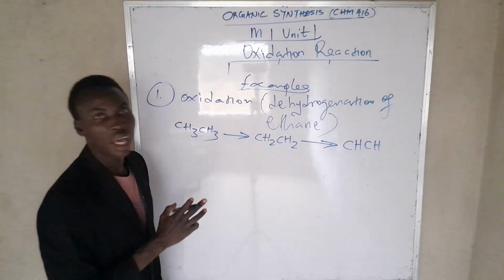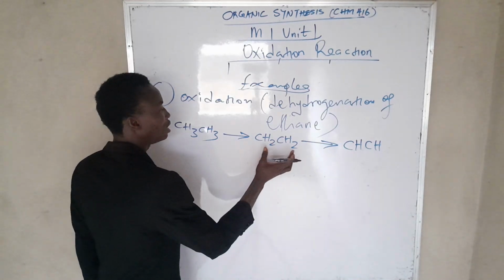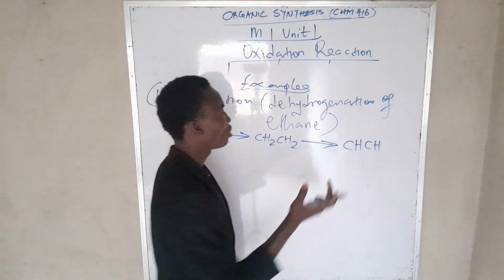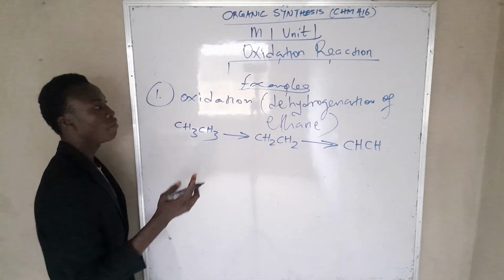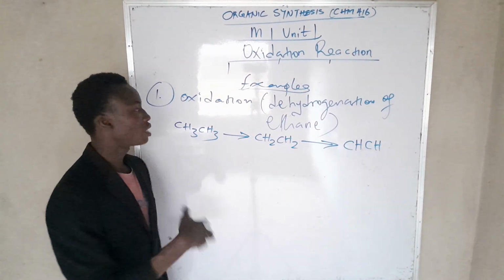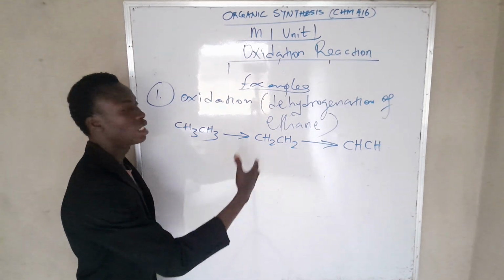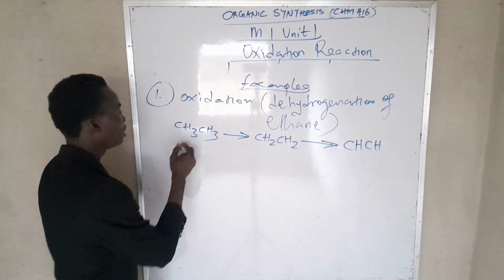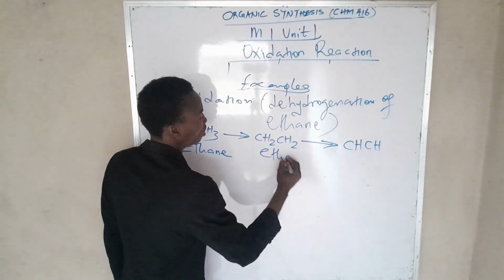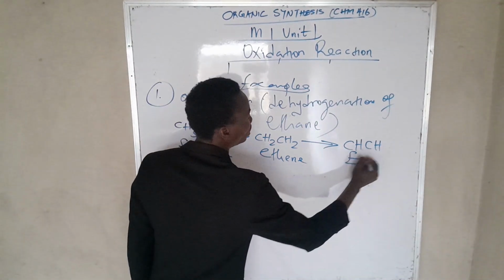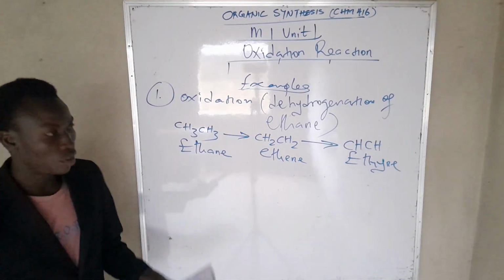From what we have here on the board, in this place we have removed 2 hydrogen atoms, and in this place we have removed another 2 hydrogen atoms, and eventually this is what we have left. These are other forms of oxidation because hydrogen is removed consecutively from each successive product formed. This is what we call ethane, this one we call ethene, and this one we call ethyne. That is the name of the said compound.